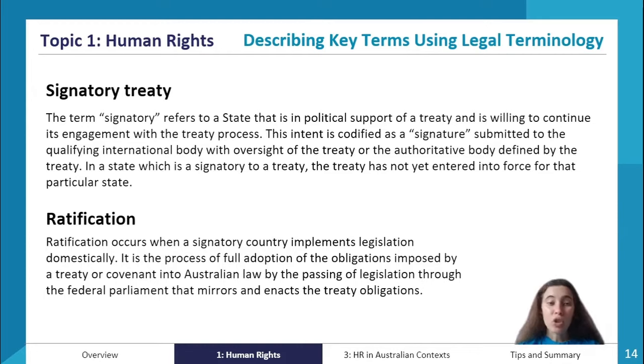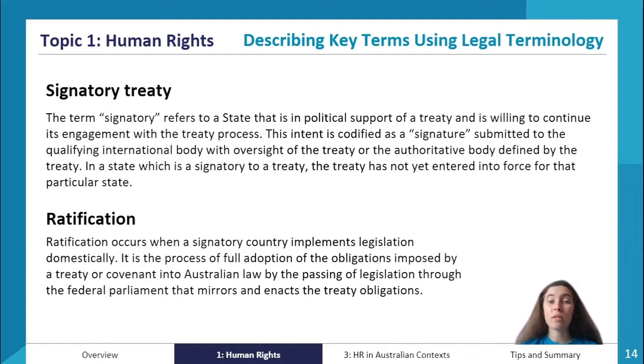Now, a signatory treaty. So the term signatory is referring to a state that is in political support of a treaty and is willing to continue the engagement with the treaty process to potentially result in some legislative changes and ratification.